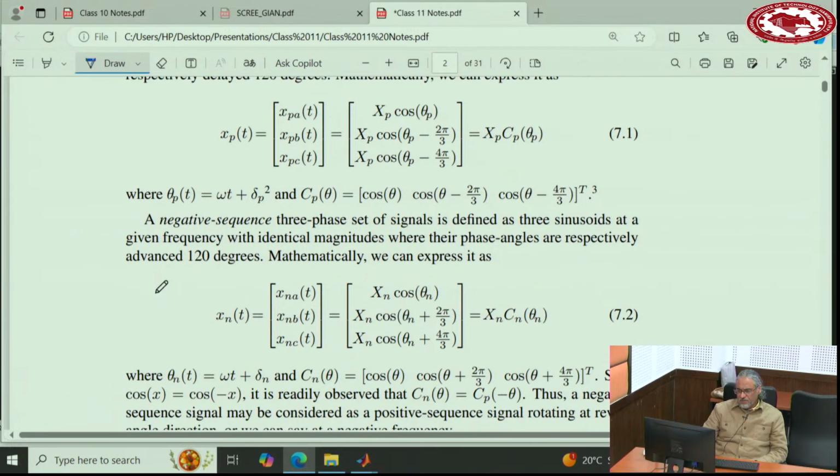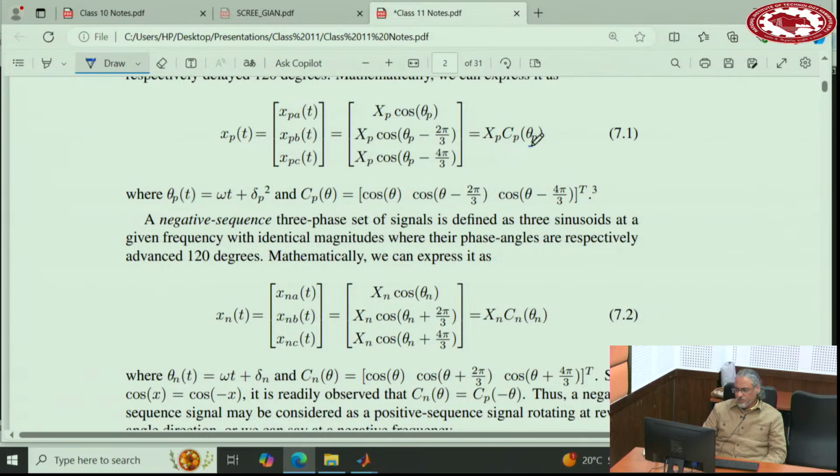Negative sequence is very similar, with the difference that now this 120 degrees is advanced. So I use XP, P for positive, and C for cosine, so they use cosine functions. You can use sine also, but cosine seems to be more convenient for these discussions.